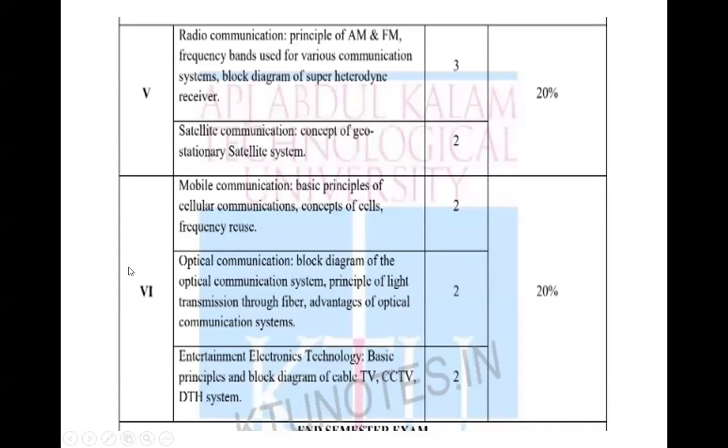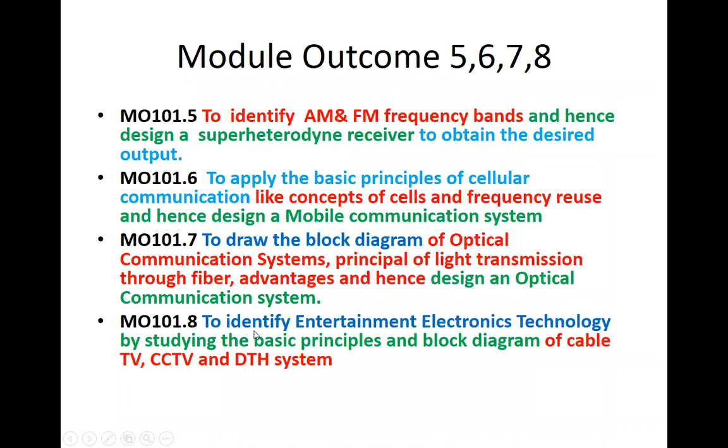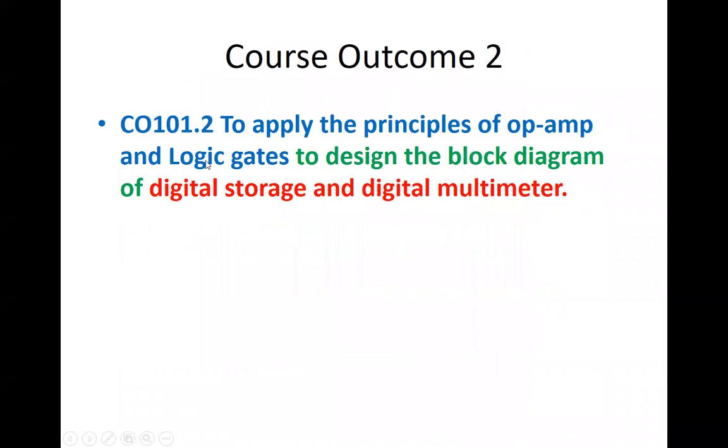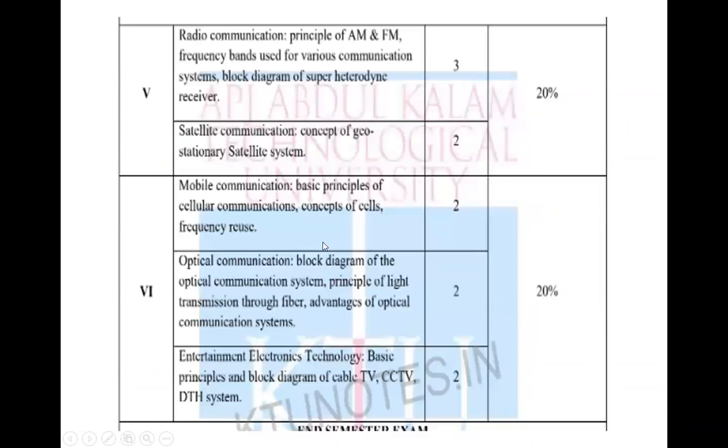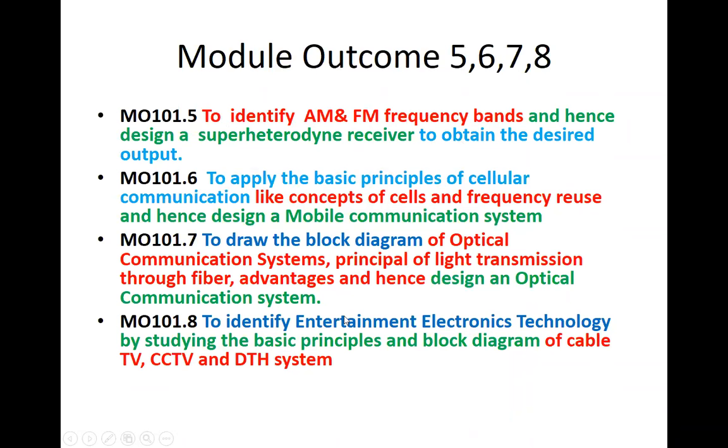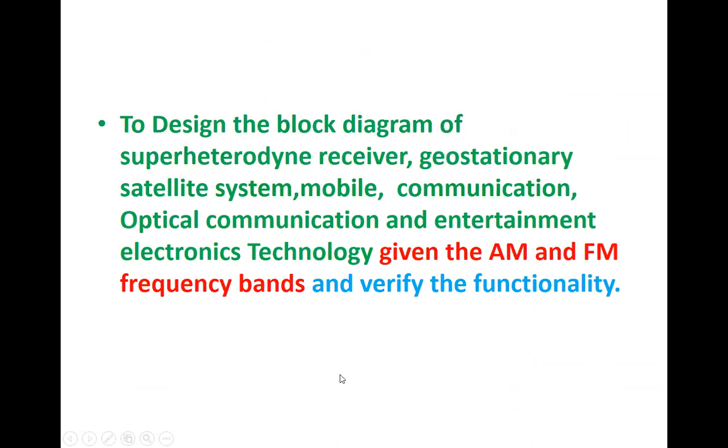Then for module 6, I think I have written 2 module outcomes again. Now my course outcome count stands at 2. Now I have to combine all these things as module outcomes.